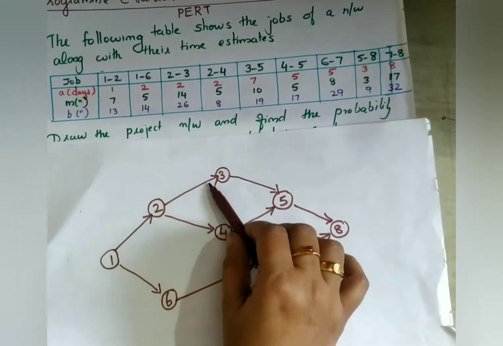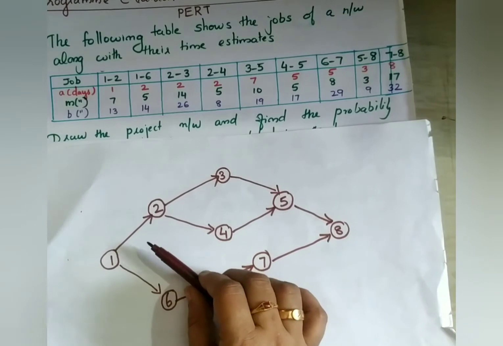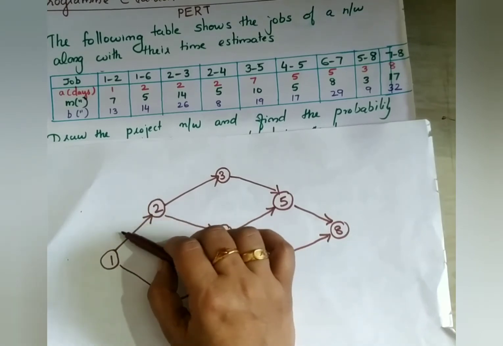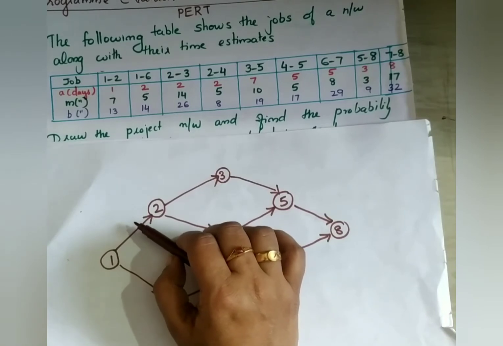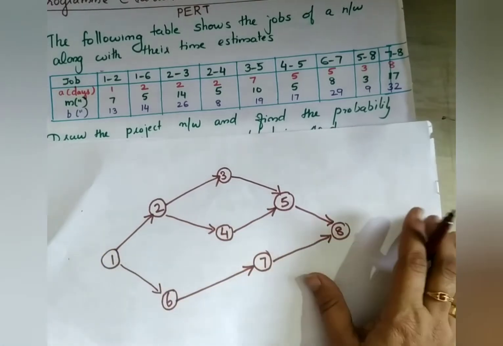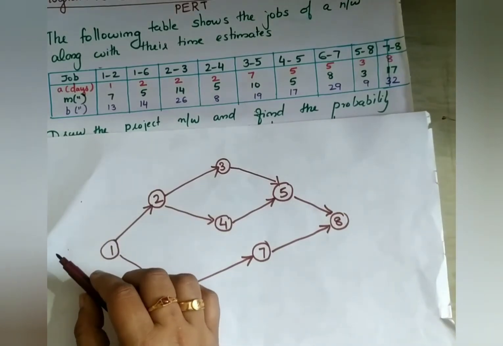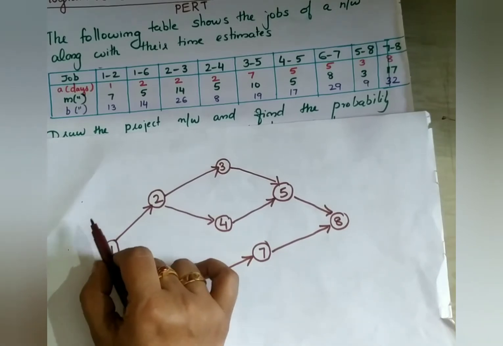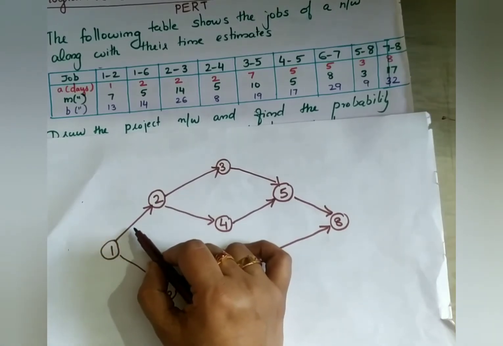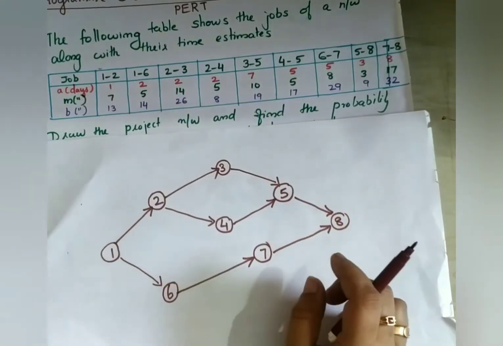To find the critical path length you have to know the expected time, then only can I go further. So we go for the latest finishing time and earliest start time. For finding these we need to know the path length TE. How to find the TE from this table, we will see.